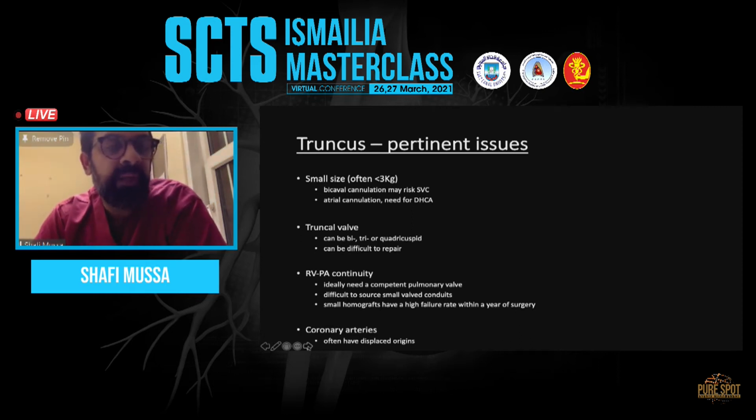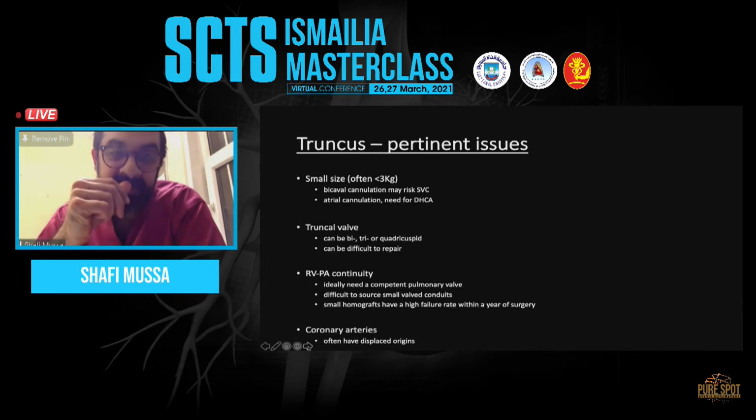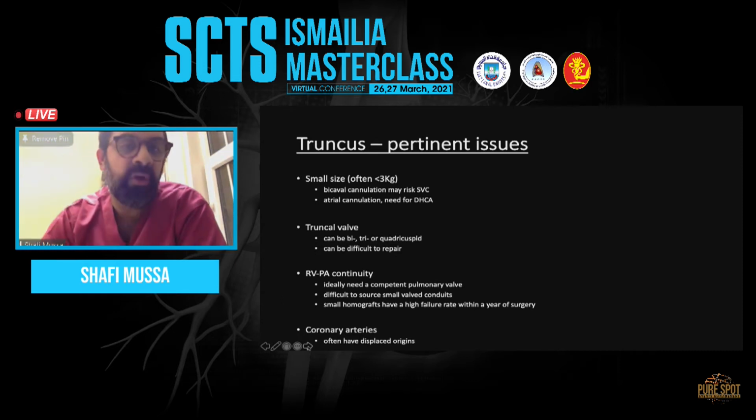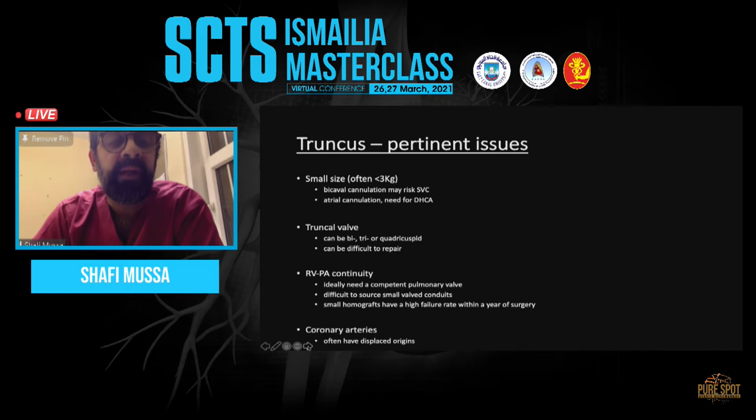Also, how do we achieve continuity between the right ventricle and the pulmonary artery? Well, ideally, in this situation, one needs a competent pulmonary valve, but it is difficult to source small valve conduits. The smallest off-the-shelf conduit that is suitable for use is 12 millimeters in diameter, and is often quite large in these small babies.